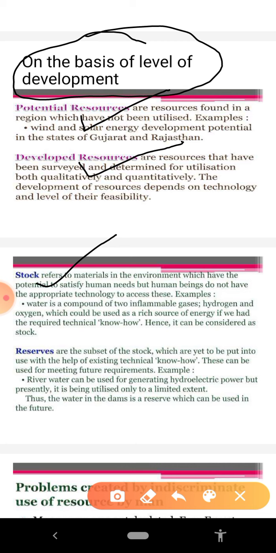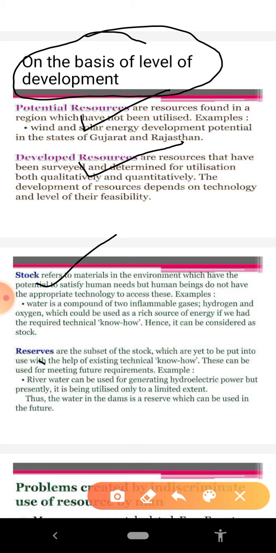For example, water, H2O, is a compound of two inflammable gases, hydrogen and oxygen. But human beings do not have the required technology to use them as a source of energy.